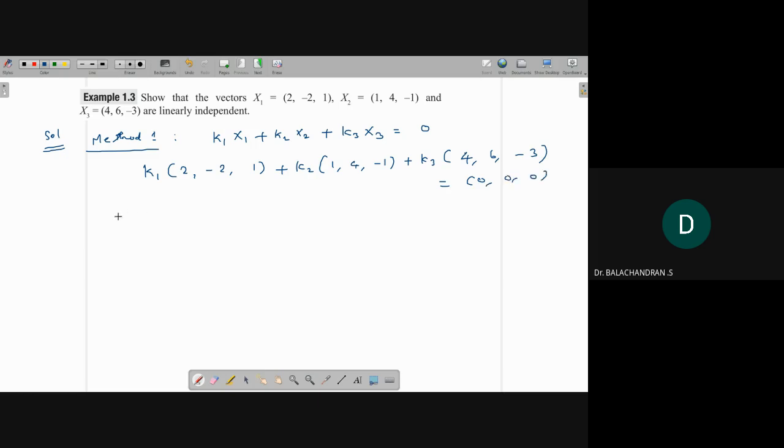So directly I will write the equations. Please check. First equation: 2k1 + k2 + 4k3 = 0.